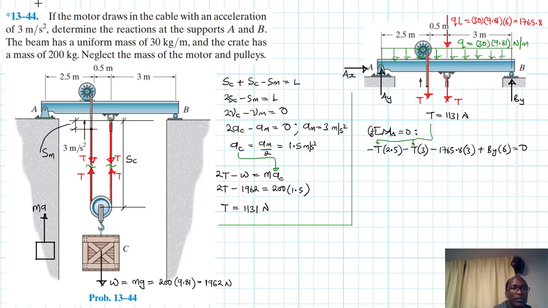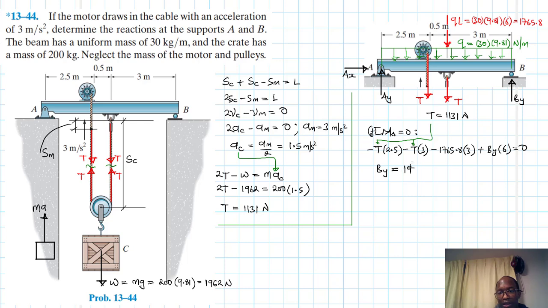Let's replace these values there. Therefore, our BY just becomes equal to 1131 times 2.5, minus 1131 times 3, minus 1765.8 times 3, then divided by 6.